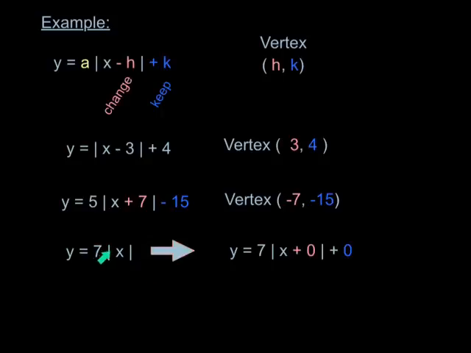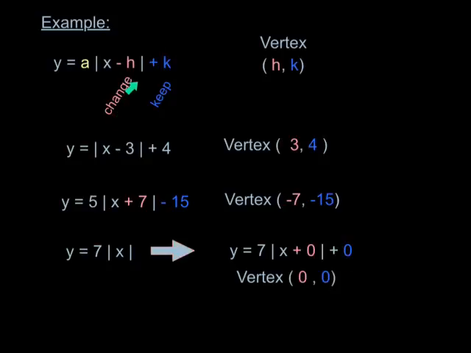Okay, I have made the equation for this absolute value, y equals 7, absolute value of x. I have changed it so that it looks slightly different. You can see now that there actually is a number here. It's just a plus 0. And there is a number outside of the absolute value, which is also a plus 0. So the vertex for this problem will be 0, comma 0. And I'll talk about that right now.